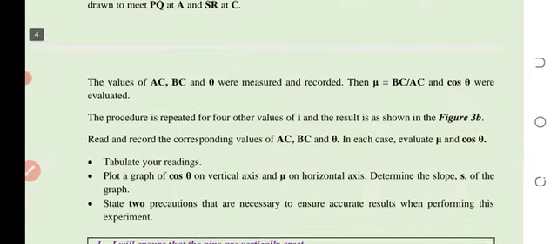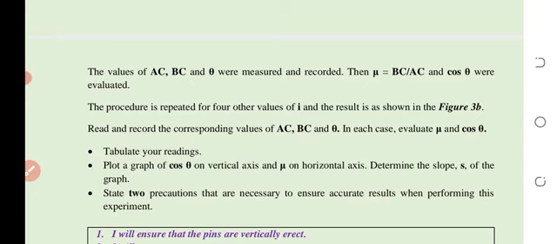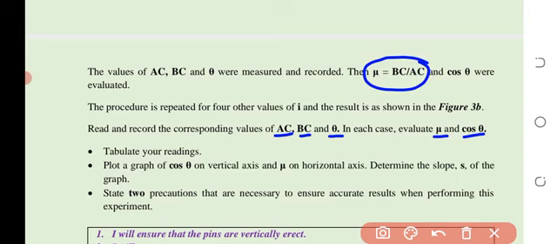Now, how do we take our observation? They repeated the procedure for other values of I, and that is shown in figure 3b. We are to read and record distance AC, read BC, record the value of theta, and evaluate this, which is BC divided by AC.